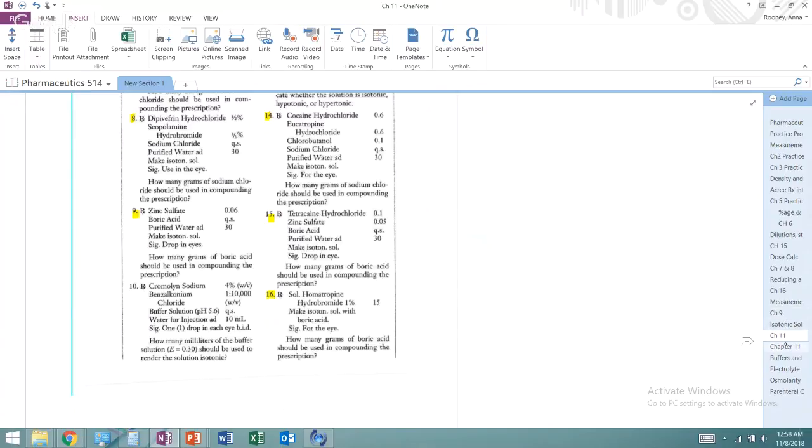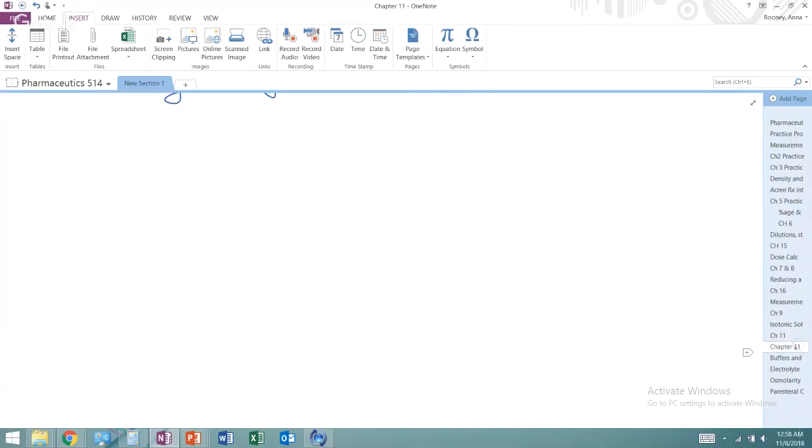So scopolamine is an anticholinergic. It is used in all right, I'm trying to look at my notes. My notes don't make any sense today. Okay. So we're gonna try to figure this out.